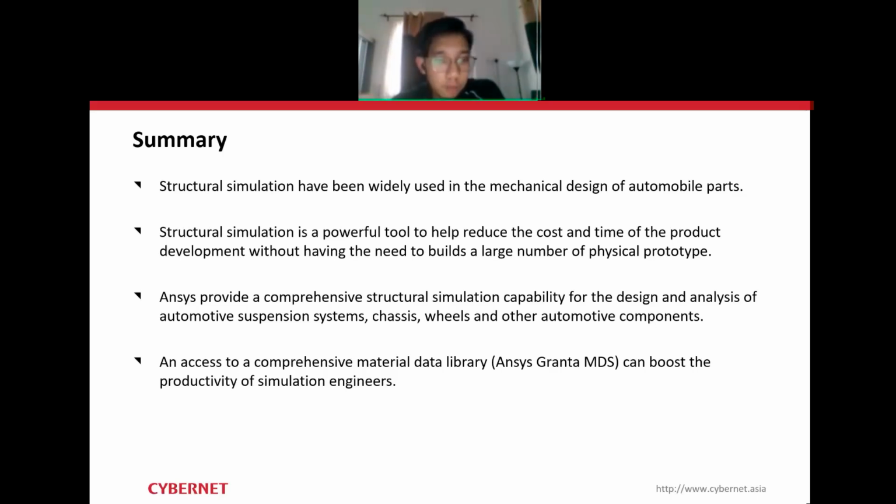As seen from some of the examples, Ansys provides very comprehensive structural simulation capabilities for the design and analysis of automotive components such as the suspension, chassis, wheels, and so on. Finally, access to a comprehensive material data library, in this case Ansys Granta MDS, can boost the productivity of simulation engineers.